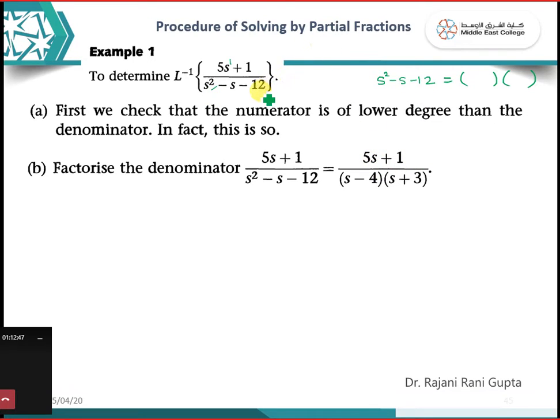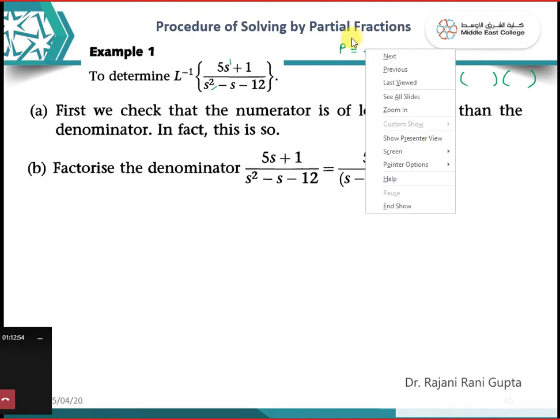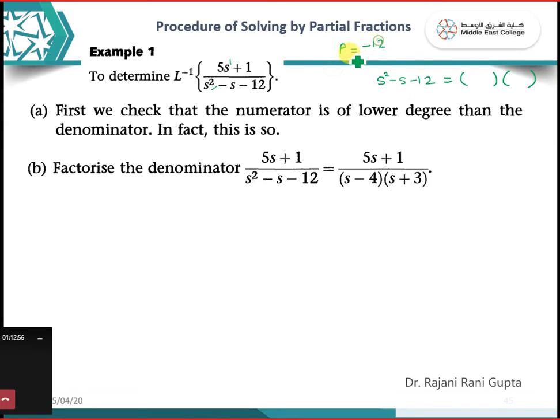I hope you know how to make the factors. We are looking for two numbers which on multiplication give you minus 12, and when you add them you get minus 1. So these are minus 4 and 3. Minus 4 plus 3 gives you minus 1. So the factors are s minus 4, s plus 3.